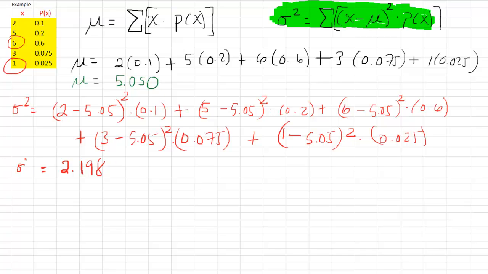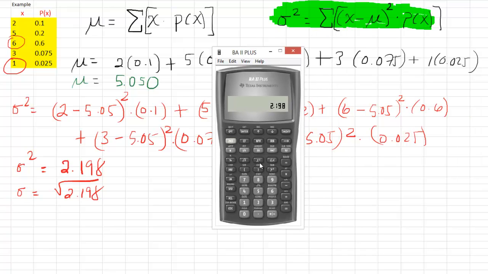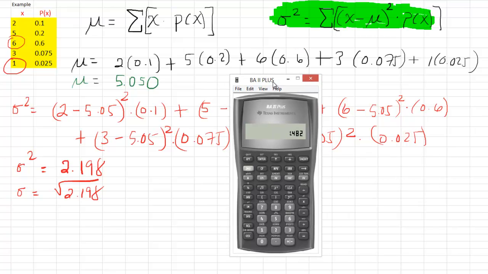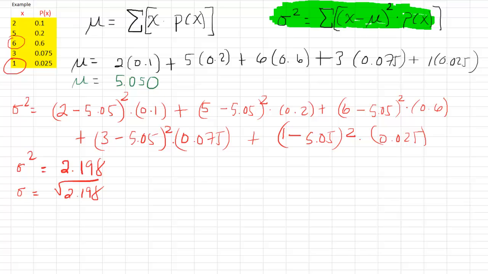And that's our variance. The standard deviation will be the square root of 2.198. The square root of that is, root button, 1.482. And that's the standard deviation.